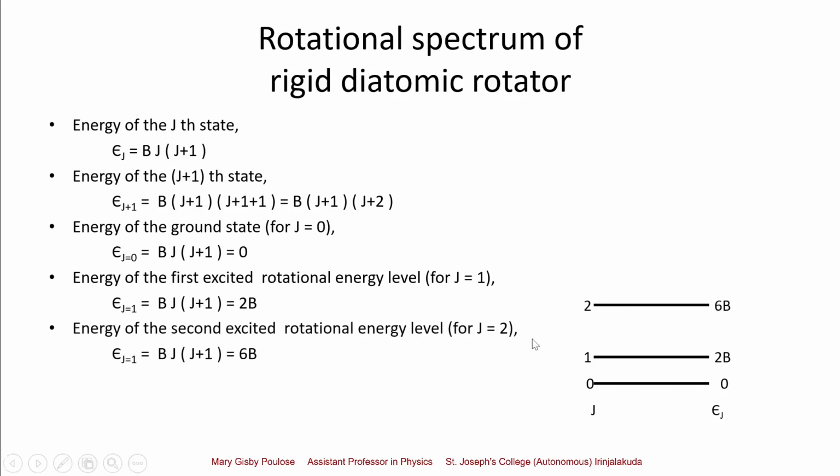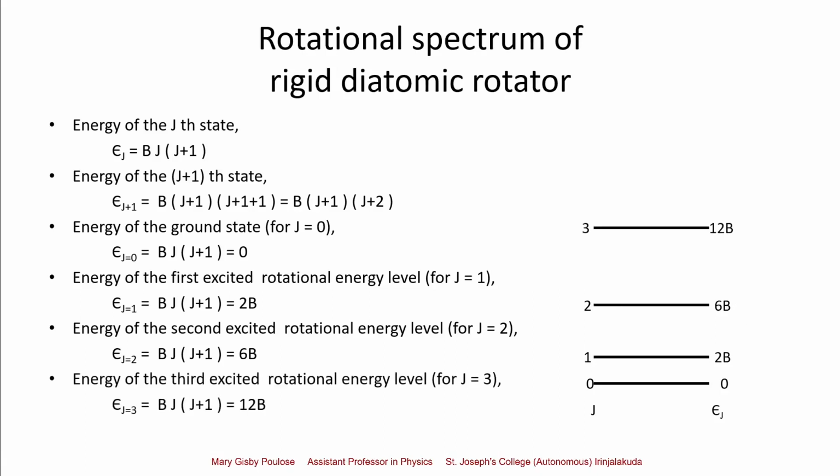Now the energy of the second excited rotational energy level, that is for J equals 2, we have eta J equals 2 equals B into 2 into 2 plus 1, that is 6B. So we get an energy level for J equals 2 at 6B. It is higher than the first excited level.